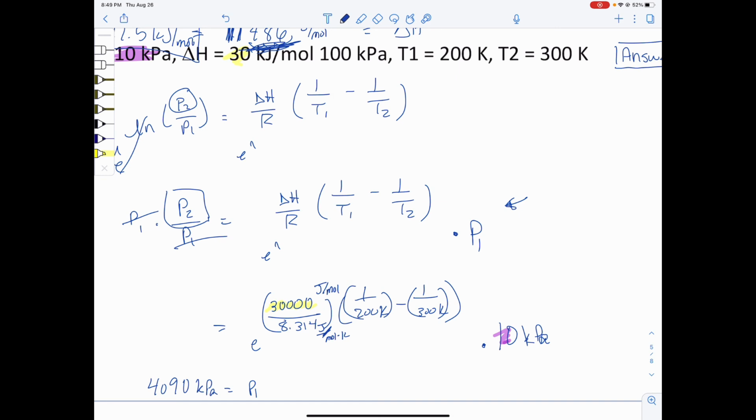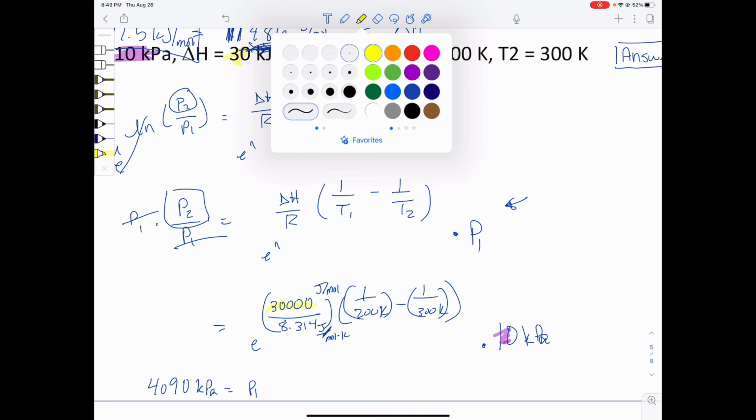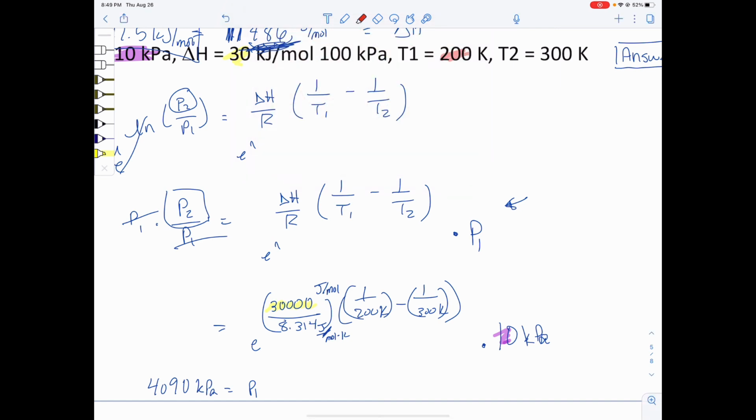So those are all going to cancel, which is great, because when you are in an exponent, you're unitless. So over here, 200, that's T1, so that's first. And then over here, T2 is right there.